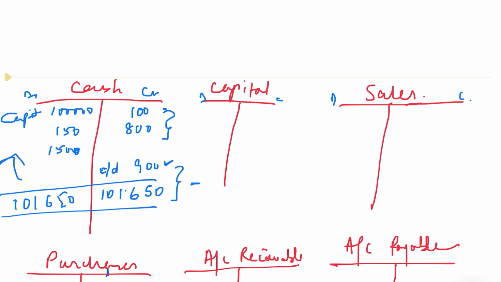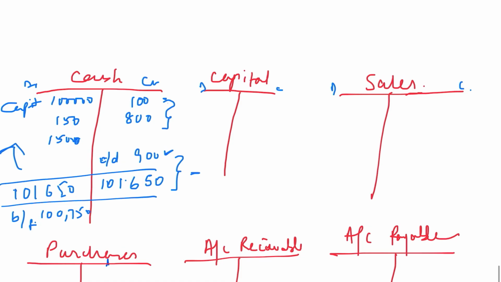It is the balance forward, which is the opening balance, and that comes on the heavy side. It is 1,00,750. So this is our cash account, right? So this is our opening balance of the cash account, right?